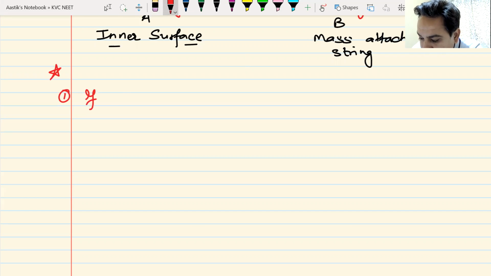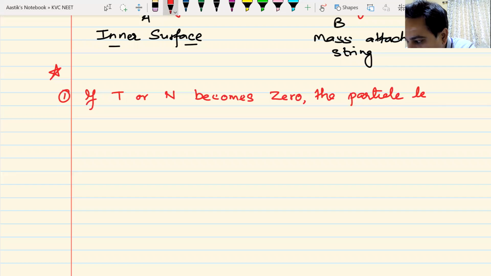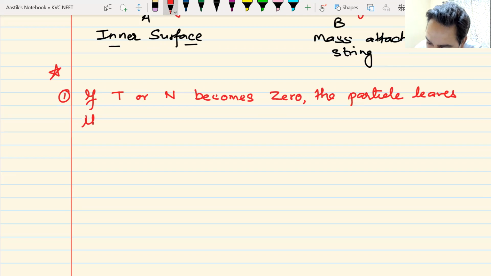If T or N becomes 0, the particle leaves the circular path.